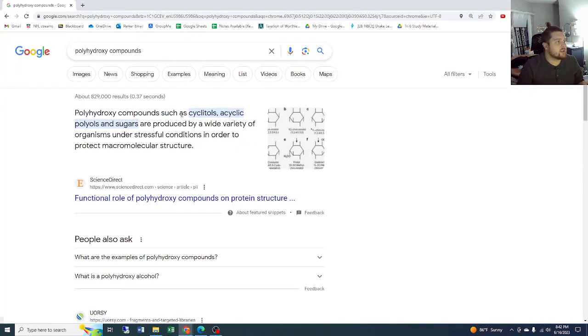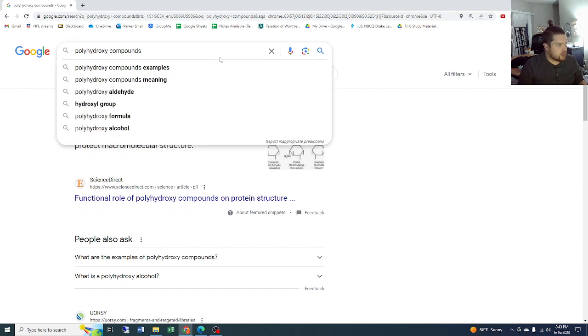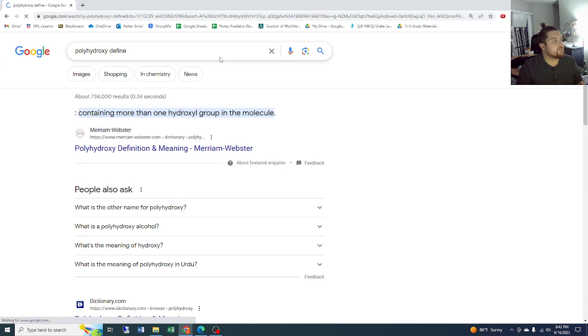Polyhydroxy compounds such as cyclitols, polyols, and sugars are produced by a wide variety of organisms under stressful conditions. Let's look at polyhydroxyl. Define: containing more than one hydroxyl group in the molecule.